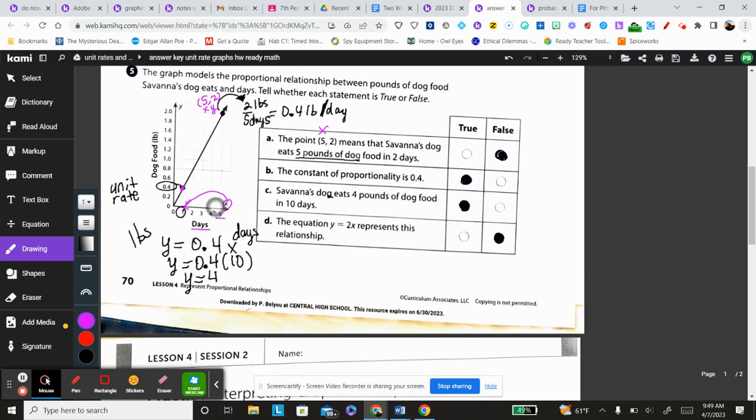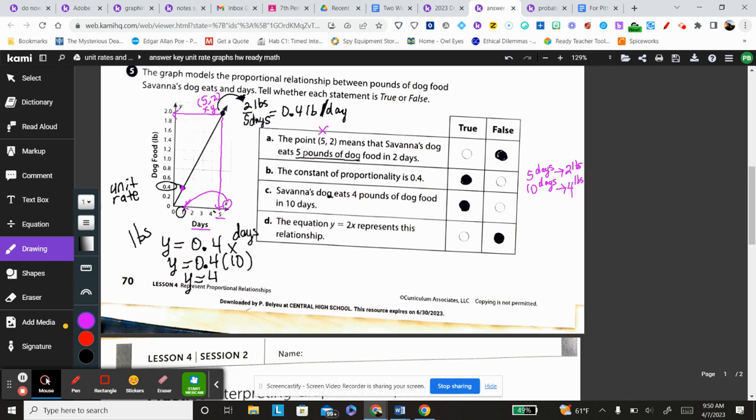I went to this one because in 5 days, how many pounds can that dog eat? 2. So if they eat 2 pounds in 5 days, but in 10 days, they eat another 2, or 2 plus 2, which is 4 pounds.